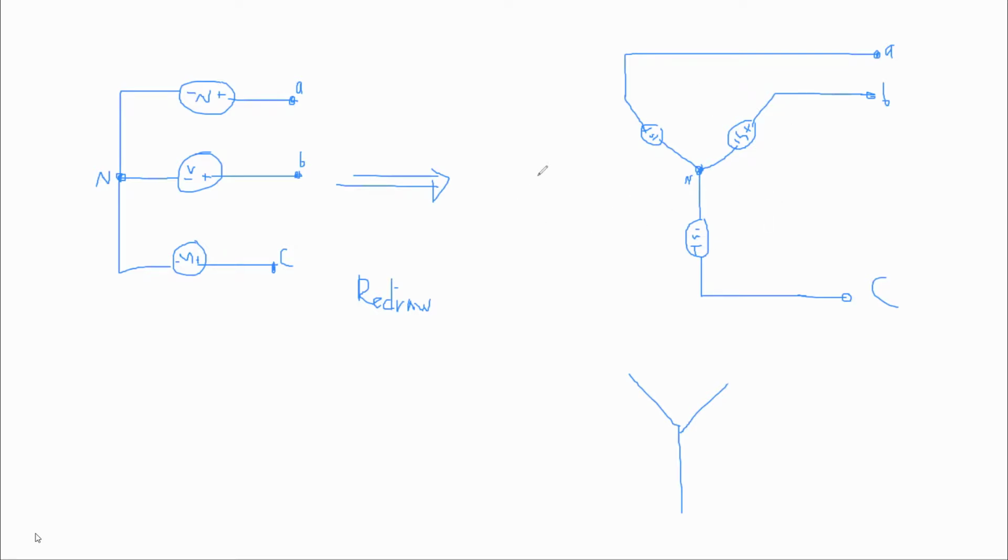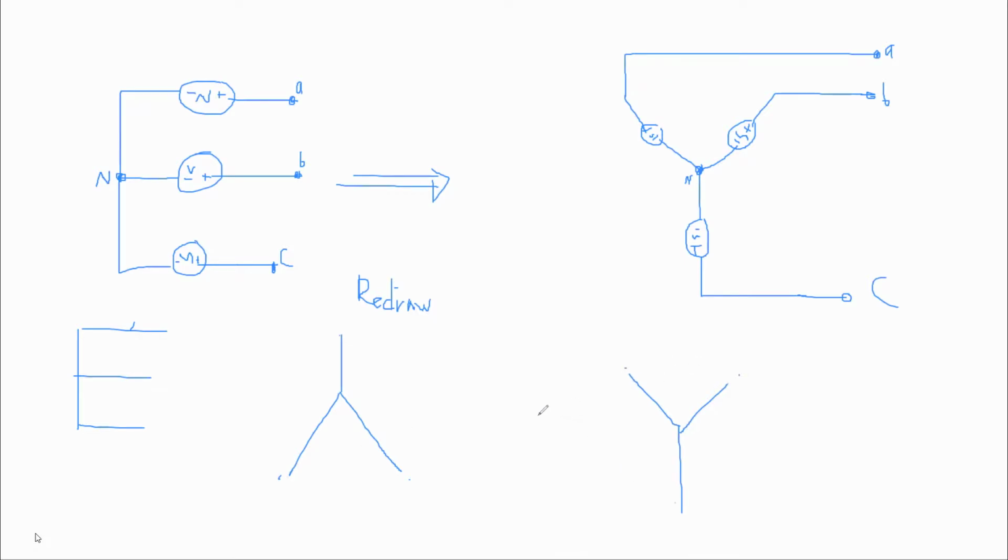So this is Y connection because it looks like Y, even when I connect it this way, it can be drawn like this, so it looks like Y connection. Sometimes people do it like this and it's still Y connection. Sometimes you do it like this and it's still Y connection, because that is one terminal, this is another, this is a third terminal, those are the three terminals.